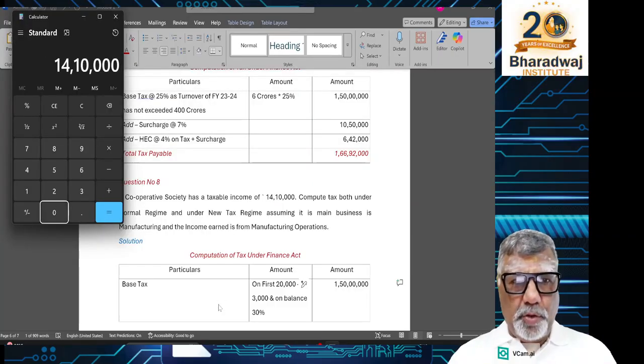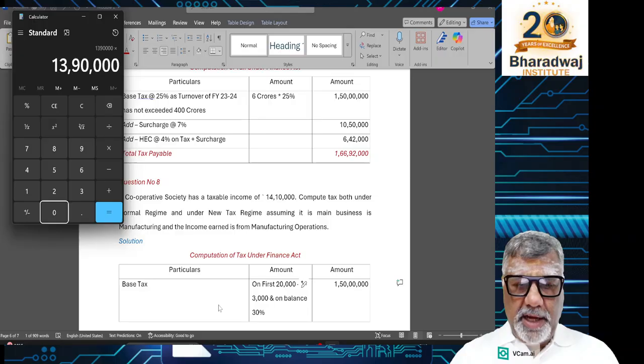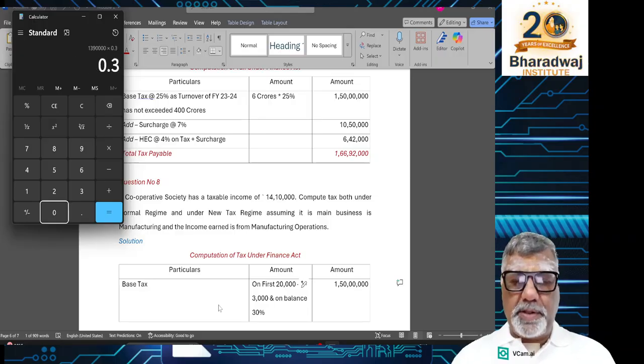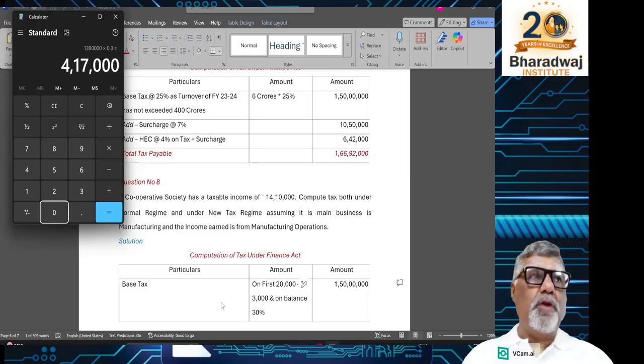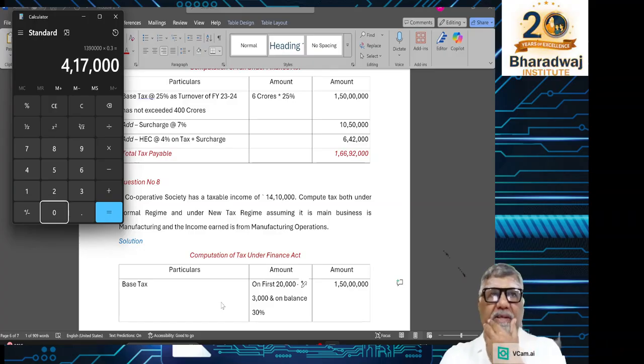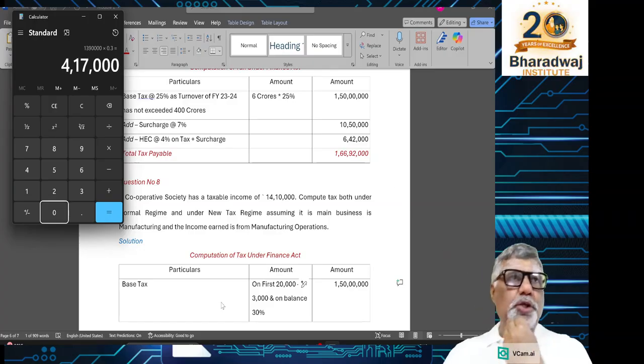14 lakh 10,000 minus 20,000, that is 1390 into 30%, 4 lakh 70 plus 3,000, 4 lakh 20,000.